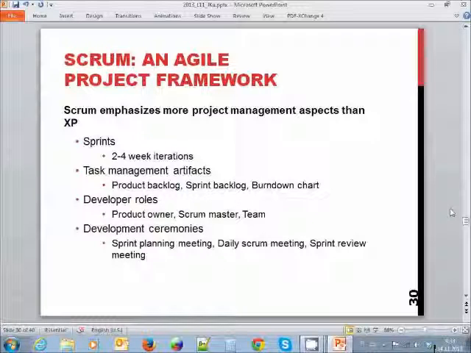We have also some developer roles here. The product owner, the Scrum Master, so on and on. Basically, just giving the idea that we have separate people who are more or less the administrators of the project. Some person who has the final say on everything.